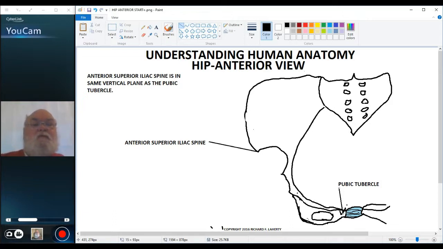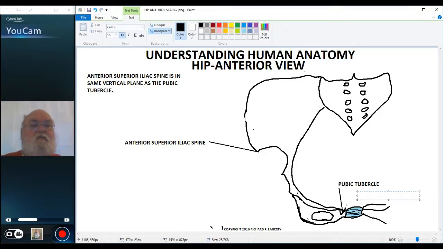Now, we'll label the pubic symphysis. Here.